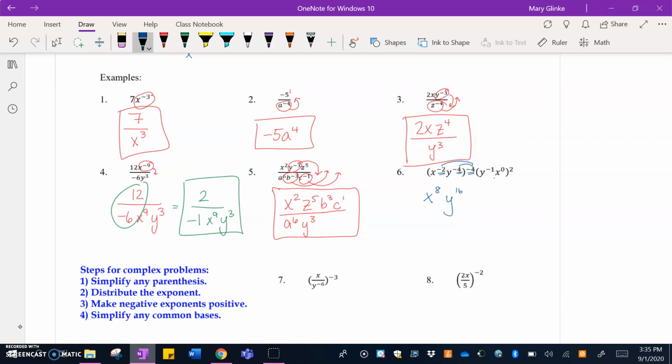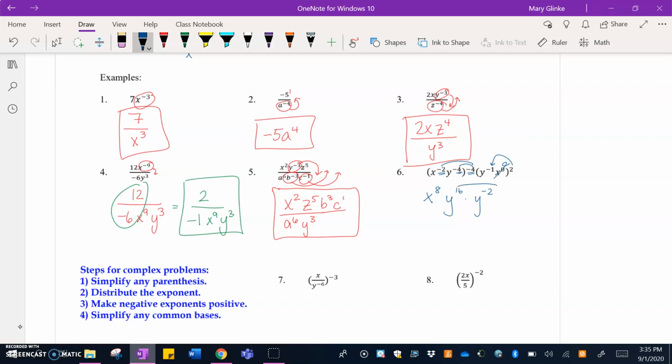For this next part, x to the 0 becomes 1, so it's gone. And we're going to multiply y to the negative first times 2. So we're going to do negative 1 times 2, which is negative 2. So step 1, take care of the exponent to the exponent power.